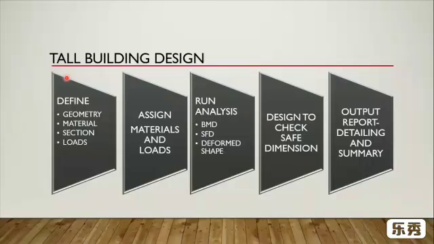This project in ETABS will be progressed in 5 main steps, starting with the definition of geometry, material, section and loads. Those defined parameters are then assigned properly to the building. Next step will be running the analysis on the basis of load pattern to obtain the load action in terms of BMD, SFD, stresses and deformed shape, etc. On the basis of analysis results, a design is run to check for safe dimensions of different elements like beams, columns and slabs.